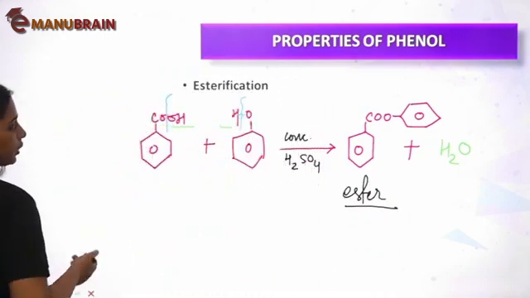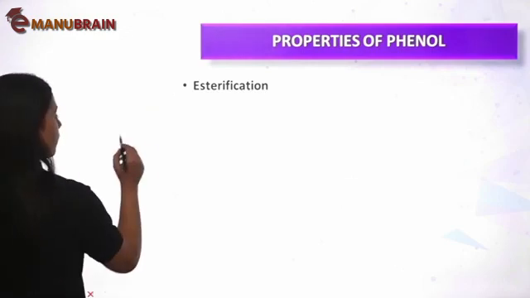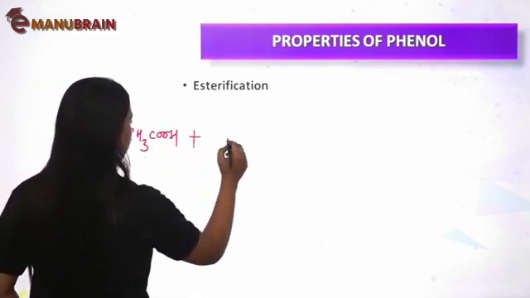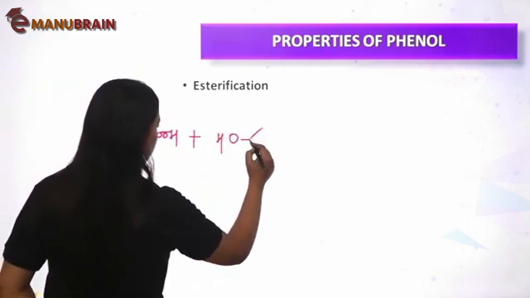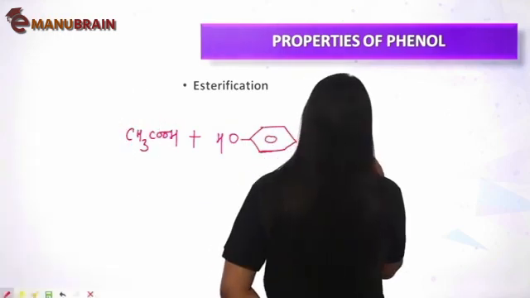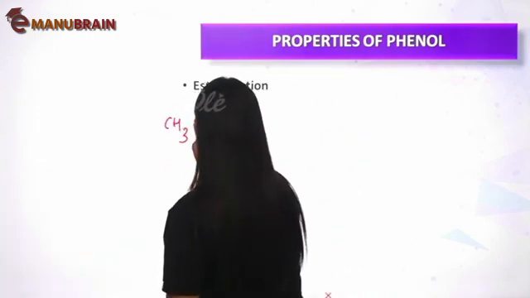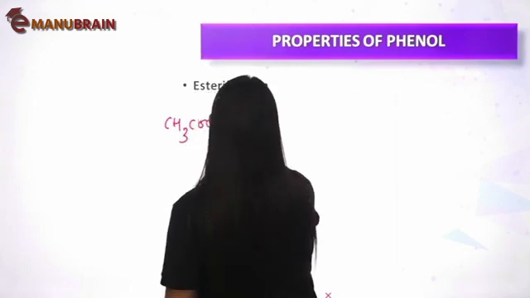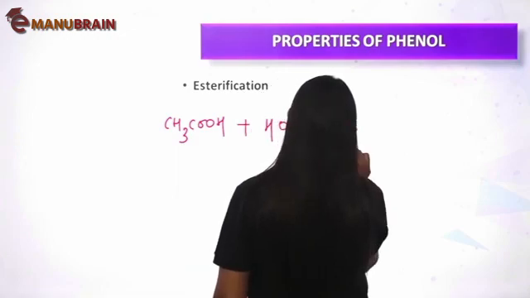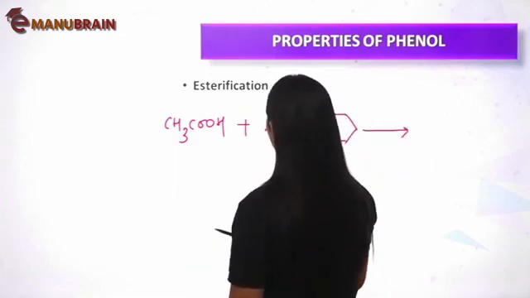You can show the same reaction using an aliphatic acid as well. So when an aliphatic acid like CH3COOH is reacting with the phenol, in the presence of concentrated sulfuric acid only. So what will happen?